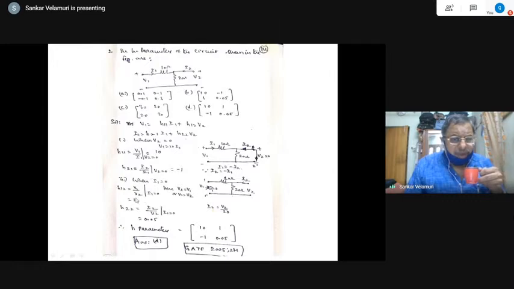Now you can see H21 is equal to -1, H12 is equal to 1. Only then can it satisfy. H21 is I2 by I1 when V2 is 0, and H12 is equal to V1 by V2 when I1 is 0. These must be the same in magnitude, but the sign convention is different. That is the property of these hybrid parameters. It happens because of the properties and sign convention that have been followed.